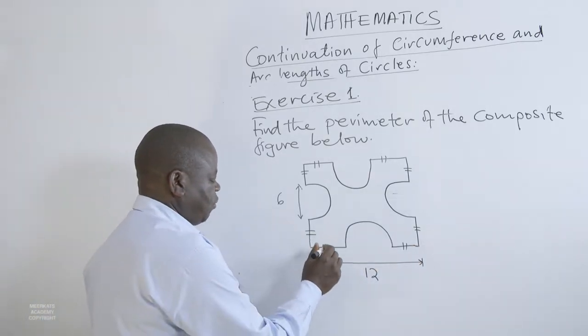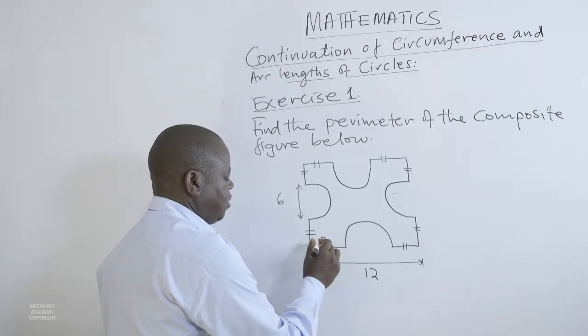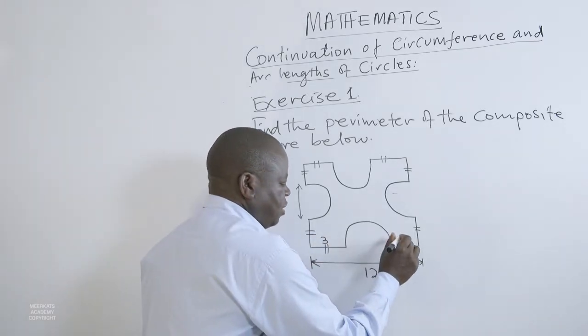So it means therefore that this will be 3. And this will be 3.